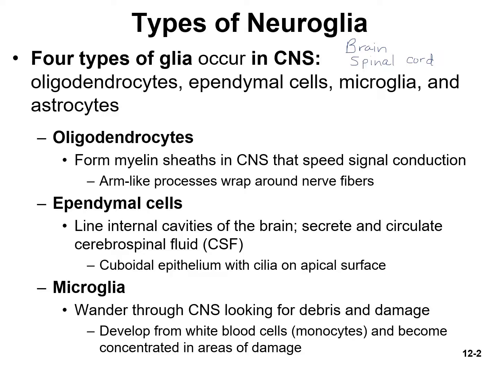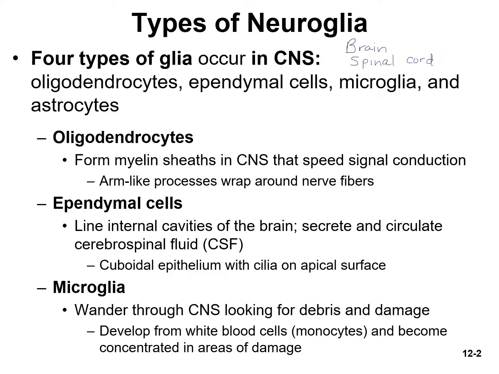Oligodendrocytes are what form the myelin sheaths within the central nervous system, and the main role that myelin sheaths play is to speed up signal conduction. So they are essentially arm-like processes that wrap around nerve fibers, and I'll be showing a schematic of what that looks like in a few slides past this one.